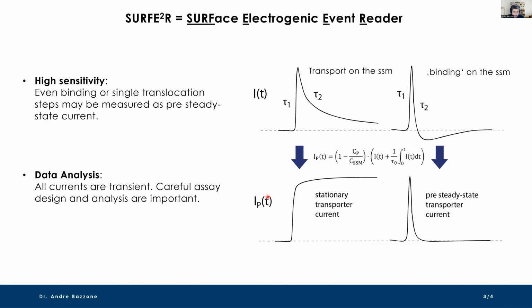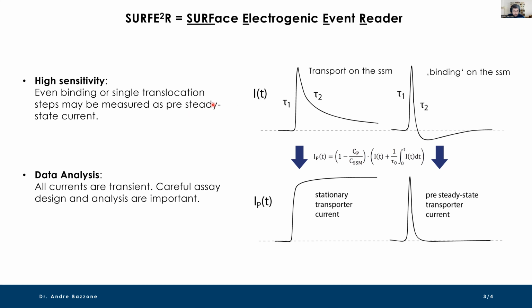The high sensitivity of the sensor not only allows to measure transport currents, but you can actually also measure fast pre-steady state currents, such as conformational transitions or any kind of single translocation step.